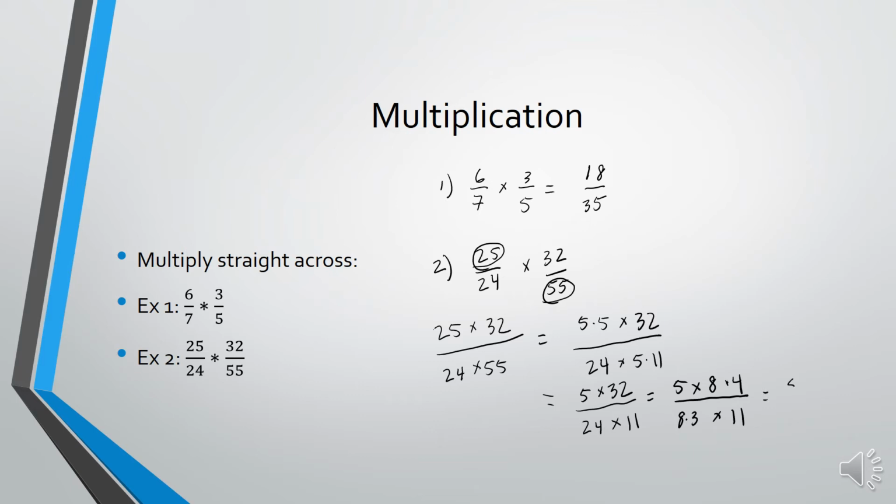So that leaves me with 5 times 4 over 3 times 11, which is a lot easier to do now. So I'll have 20 over 33. Those don't share any factors, so we're done. So what we did before we actually multiplied all the numbers out is we tried to reduce it and then multiply straight across.